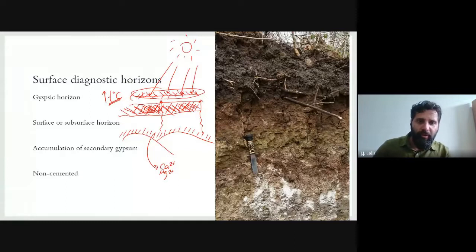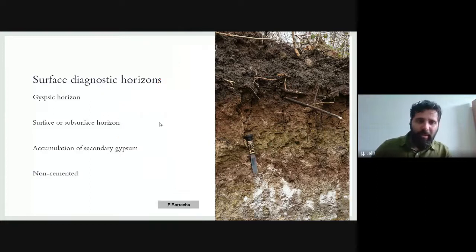Okay, so we create a horizon that presents a high content of calcium sulfate, because the calcium sulfate starts to precipitate from water that presents a high content of elements. And this water presents a high content of elements because we have a dry climate and rocks very close to the surface.